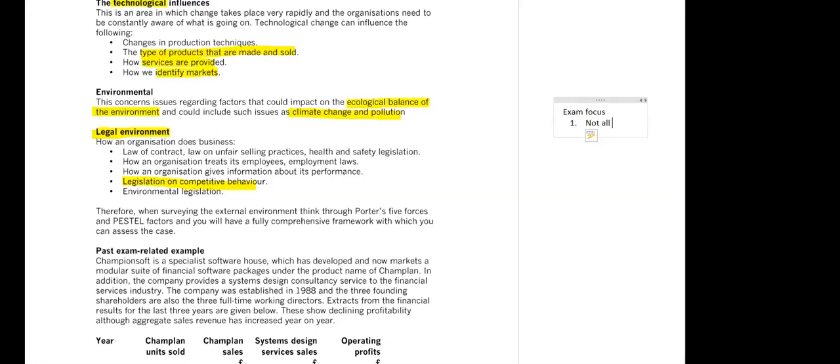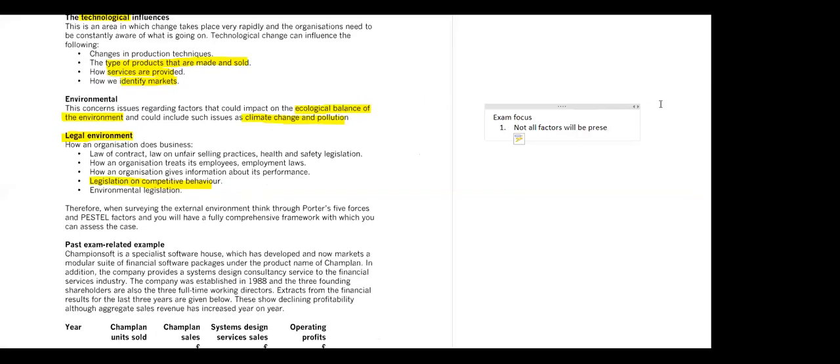Not all factors will be present in a scenario. I mean, do not think that you will have all the political, economic, social, technological, environmental, legal factors. So you don't have to worry about that.